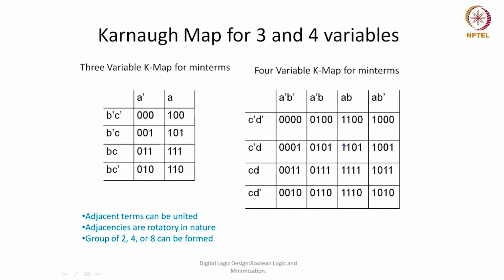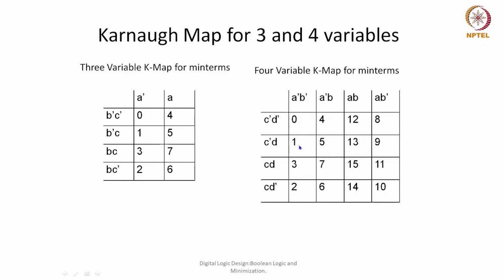So once they are here, you see there are a couple of things. One, each of the cells represents one of the min terms. So whatever numbers were written here, 0 1 3 2, they are representing min terms, and they can also represent max terms. So in case of max terms, we have to remove this A dash B dash, we have to write it like A plus B, and this we have to write C plus D. So this can also be represented as max terms.